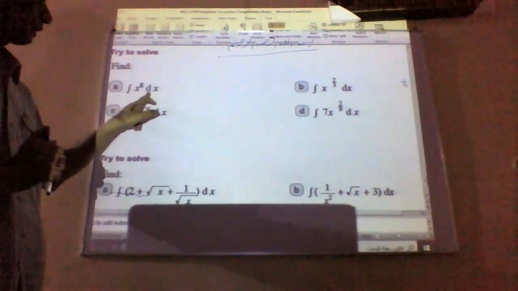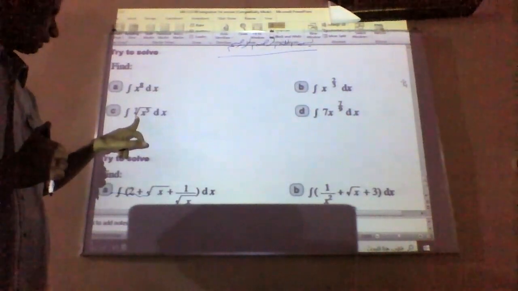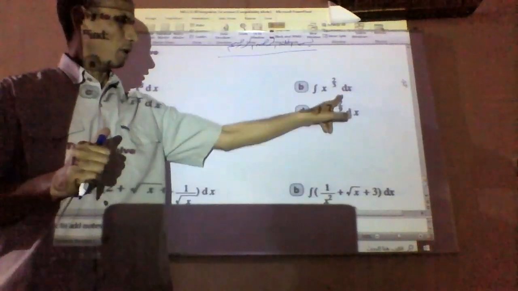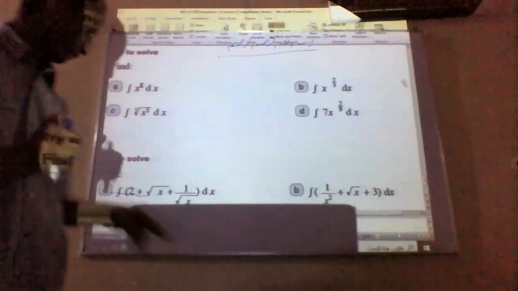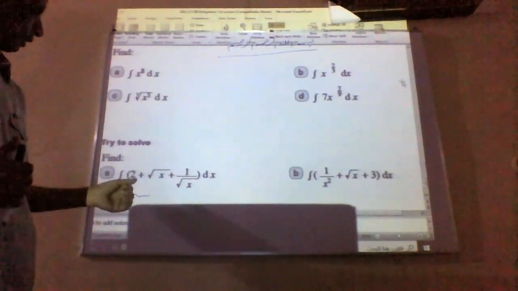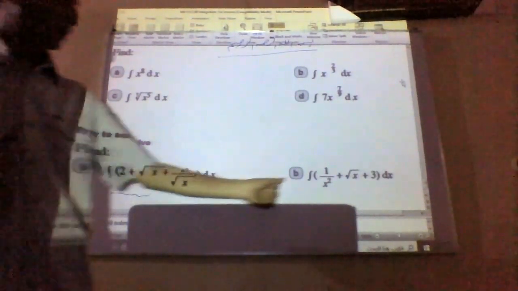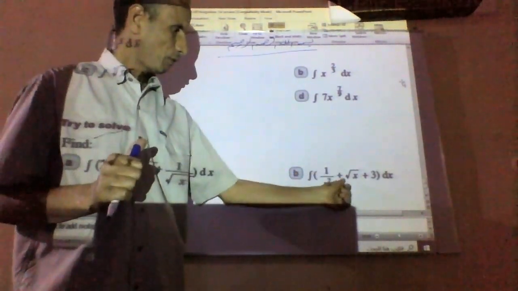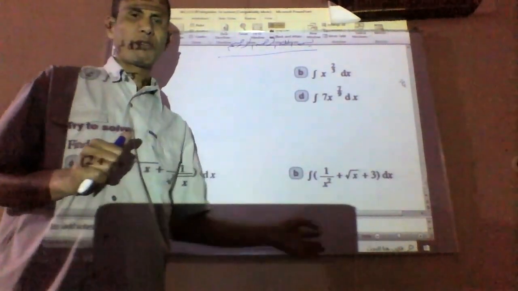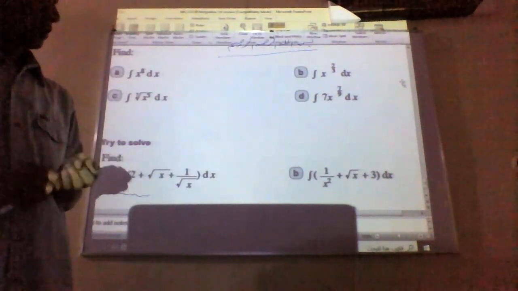Find the integration of x power 8 dx, x power 2 thirds dx, the 7th root of x power 5 dx, 7x power 7 over 9 dx, (2 plus root x plus 1) over root x dx, integration of 1 over x power 2 plus square root of x plus 3 dx. Those examples are for you. Solve them and send me your answers.